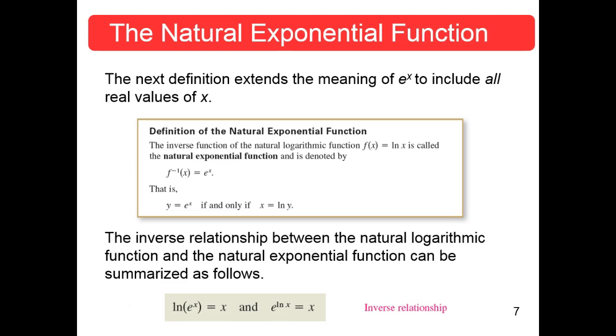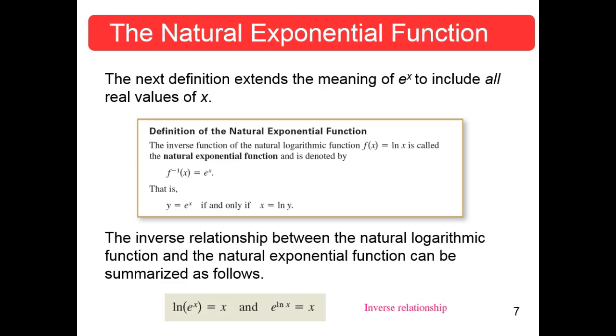The log of e to the x, just like we did before, bring the x on the outside, is x times log of e, and log of e is 1. So that would be x times 1. But also this one, e to the log x, that's also equal to x, because they are inverse functions of each other.